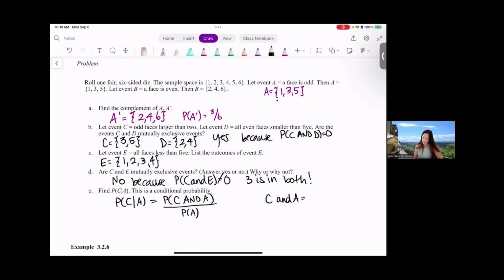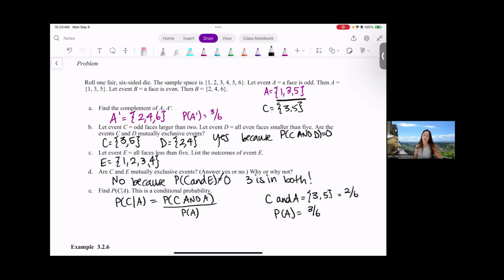A is 1, 3, and 5, and C is 3 and 5. So 3 and 5 are both in A, so C and A are the numbers 3 and 5, which has a probability of 2 out of the 6. The probability of A is equal to 3 out of 6.